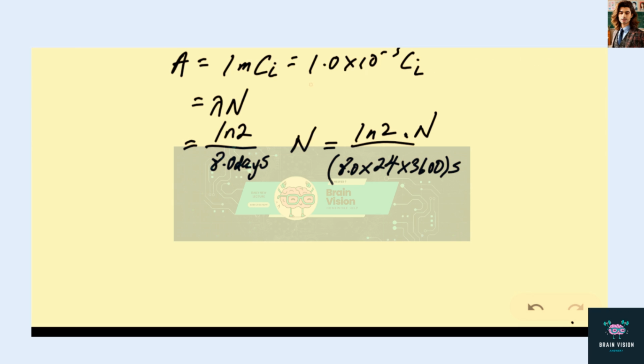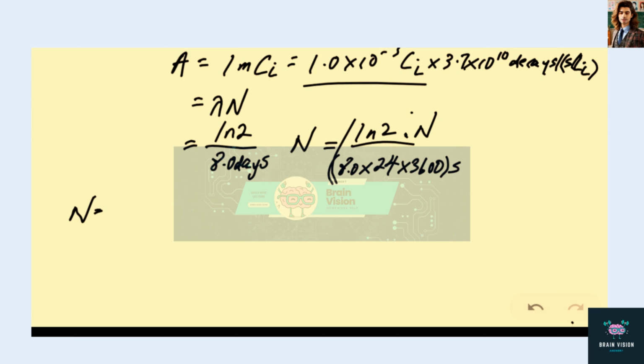Now we just need to convert our activity from curies to decays per second by multiplying by 3.7 times 10 to the power 10 decays per second per curie. So we can finally find what is our number of nuclides by bringing the entire expression over to the activity, right, divide it over.